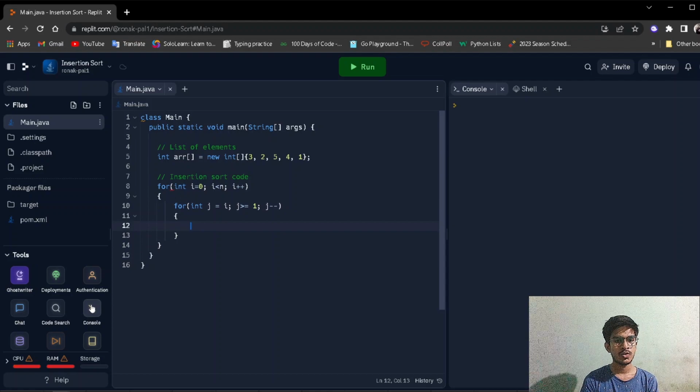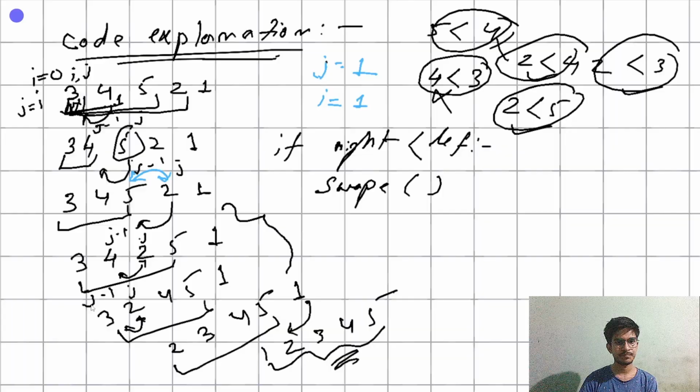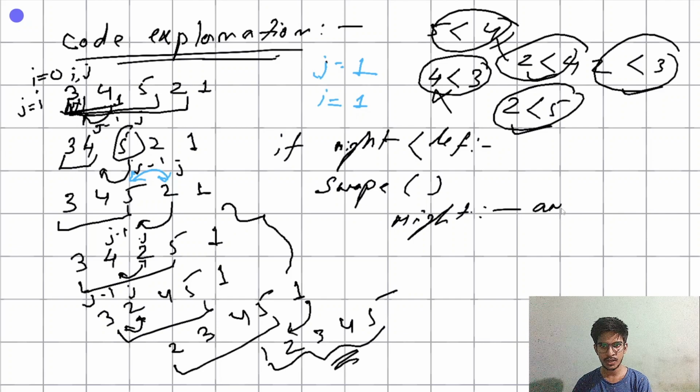Okay, so now we'll give a condition here. What condition will we give? If right is less than left, then we swap the elements. So what is right here? Right means basically this element, which is arr of j.